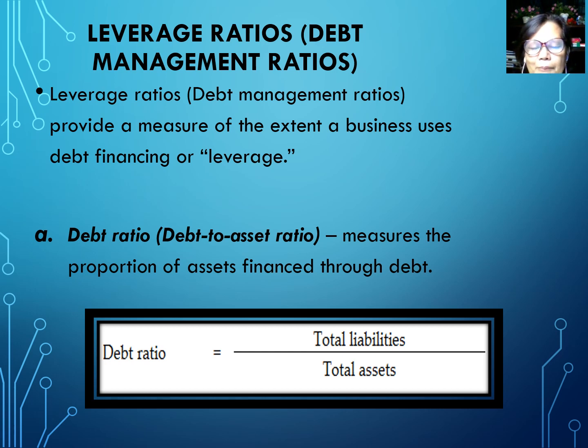So, 'di ba, ang formula natin sa ating accounting equation, total liabilities plus total equity is equal to total assets. So, kung anong ma-arrive natin dito, ay isama lang natin sa equity para makabuo tayo ng total assets. Okay?